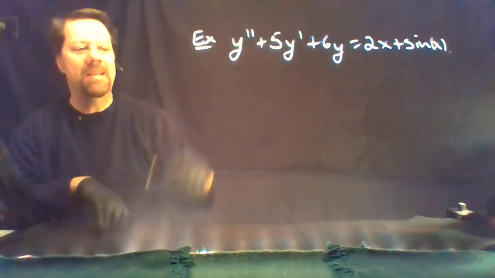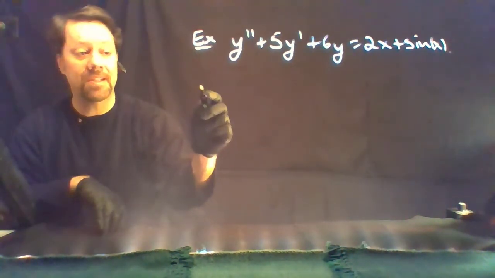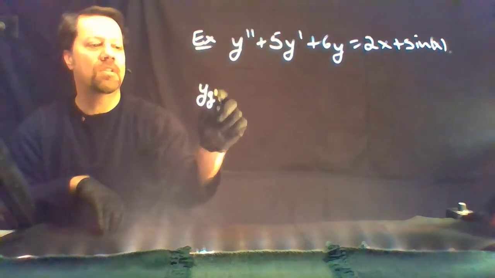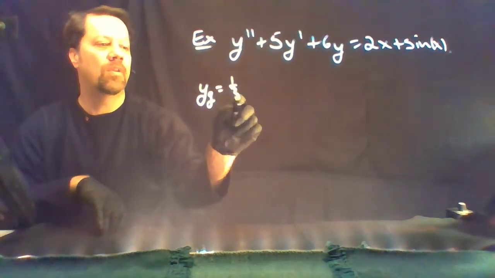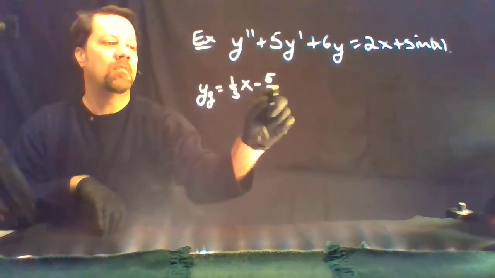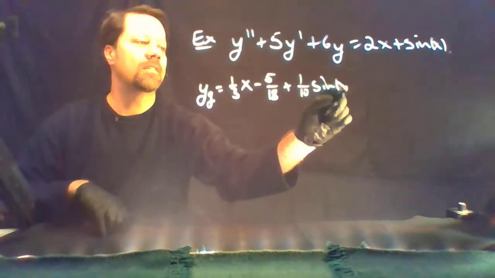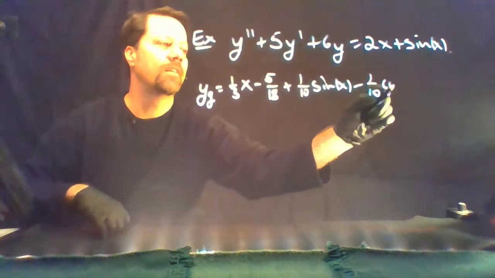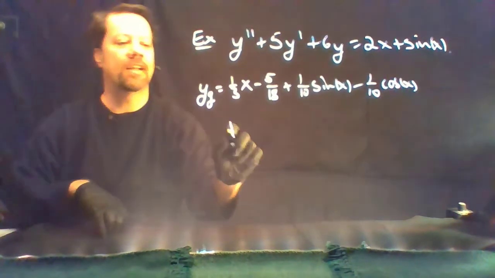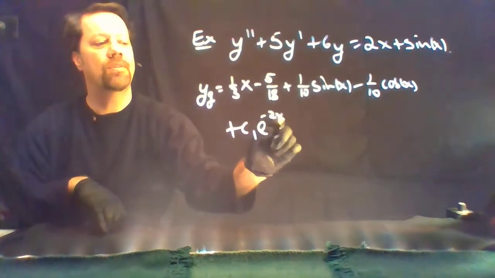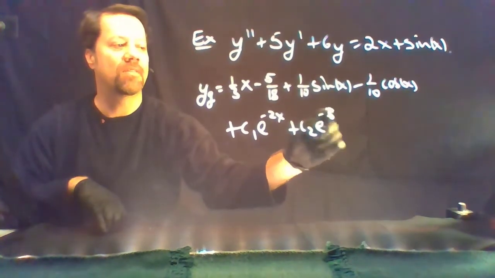It follows immediately from the previous examples that the general solution is 1/3 x minus 5/18 plus 1/10 sine of x minus 1/10 cosine of x plus c1 e to the negative 2x plus c2 e to the minus 3x.